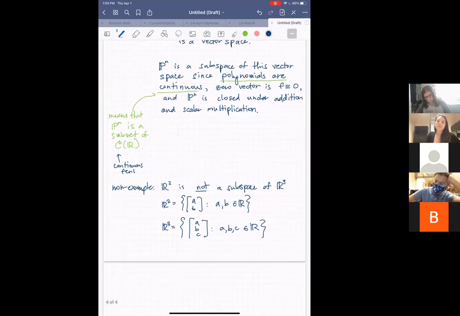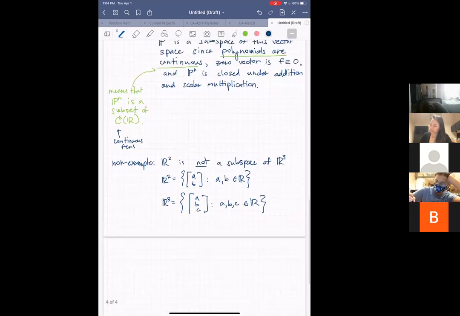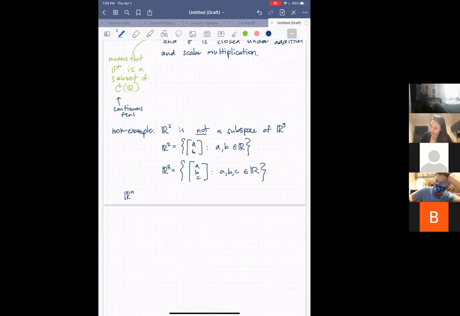Okay. So with this similar logic, could you say R3 is not a subspace of R4? Yeah, exactly. So none of the different Rn's, if you will, are subspaces of each other if the n is not equal, right? I hope that made sense. So Rn cannot be a subspace of Rm if n does not equal m.